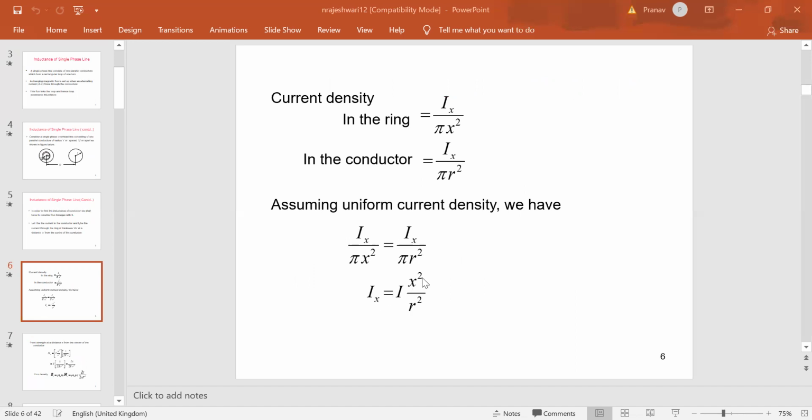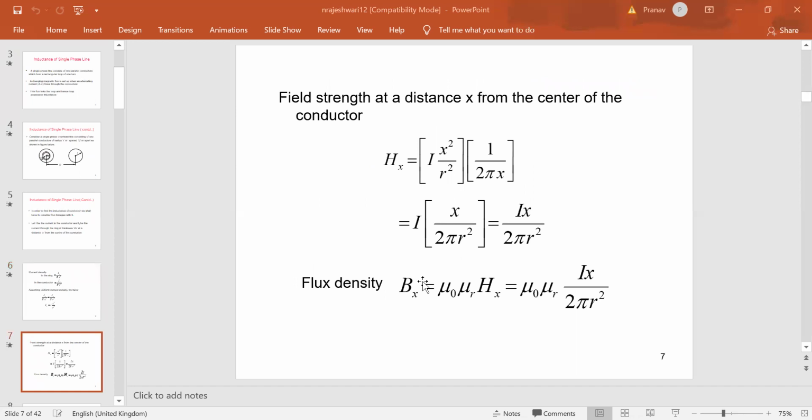So Ix is equal to I times x square by r square. So x square is multiplied with I, giving I x square by pi r square. The pi and pi get cancelled. So Ix is equal to I times x square by r square.